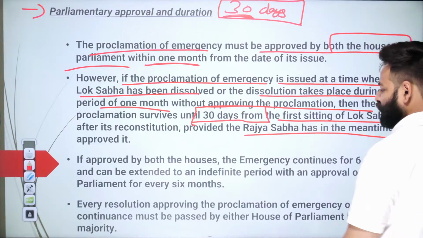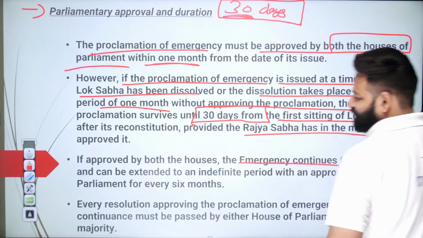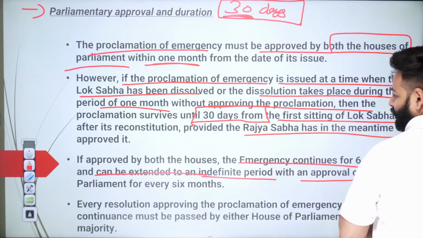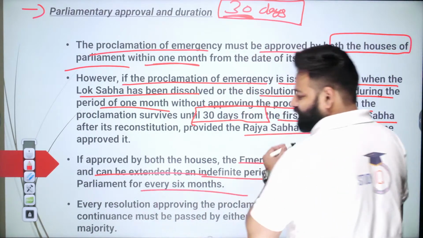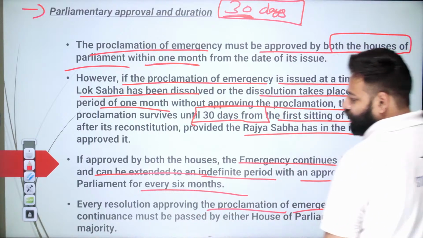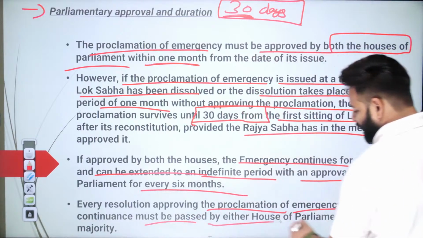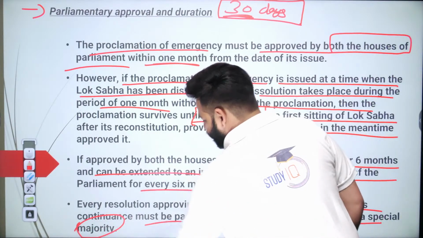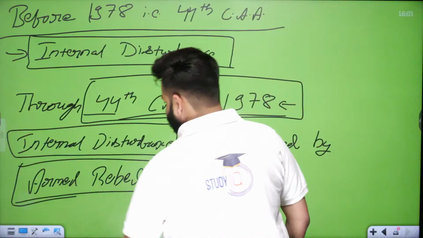If approved by both the houses, the emergency continues for 6 months at a time and can be extended to an indefinite period with the approval of Parliament for every 6 months. And every resolution approving the proclamation of emergency or its continuance must be passed by either house of Parliament by a special majority.